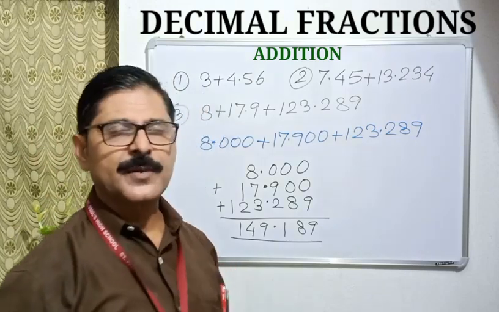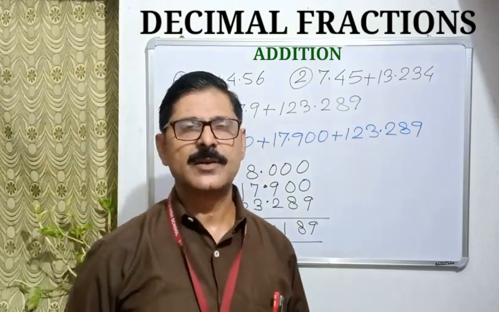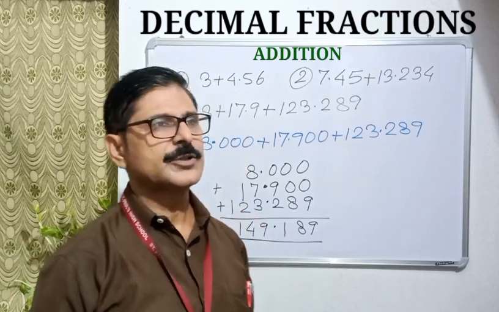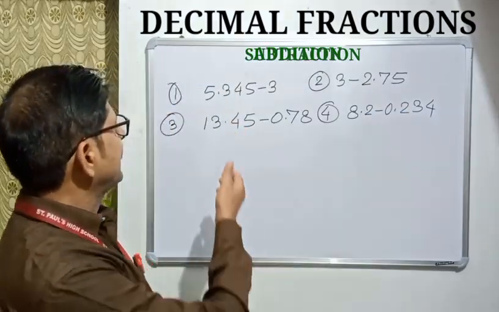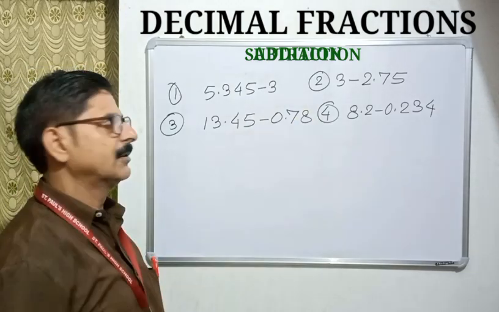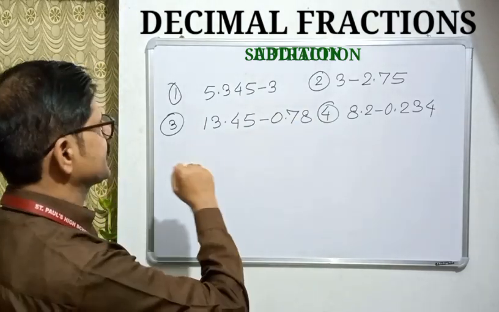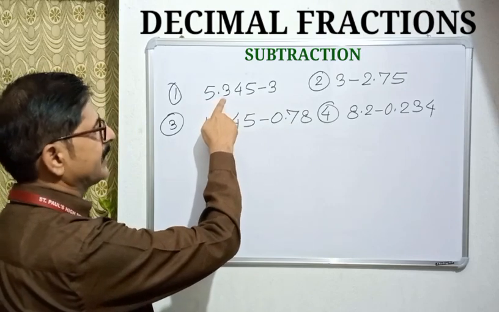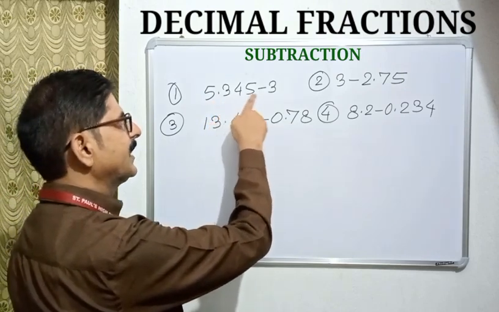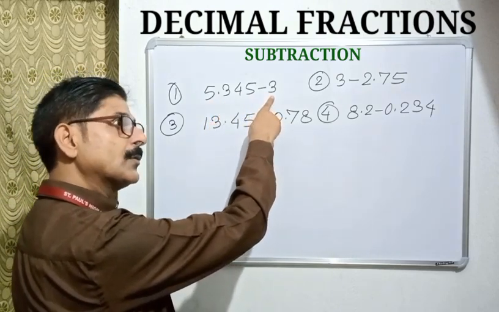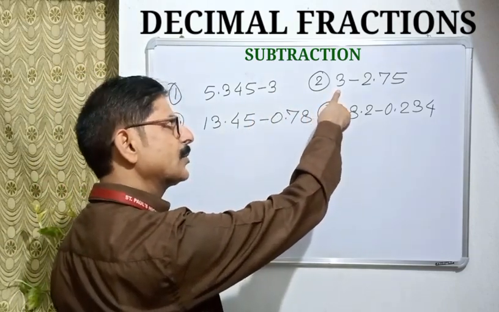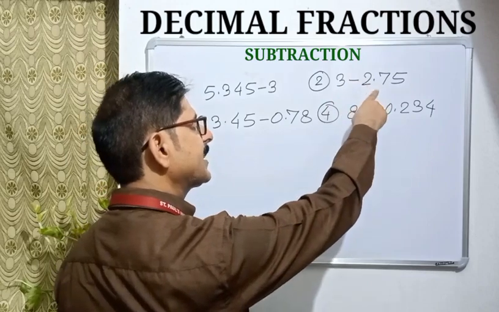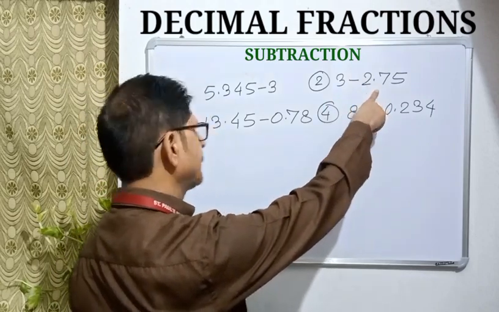Our next topic of discussion is subtraction of decimal fractions. So let us go for that. As you can see, I have taken 4 questions in all. In the first question, the minuend is a decimal fraction, whereas the subtrahend is a whole number. In the second question, the minuend is a whole number and the subtrahend is a decimal fraction.